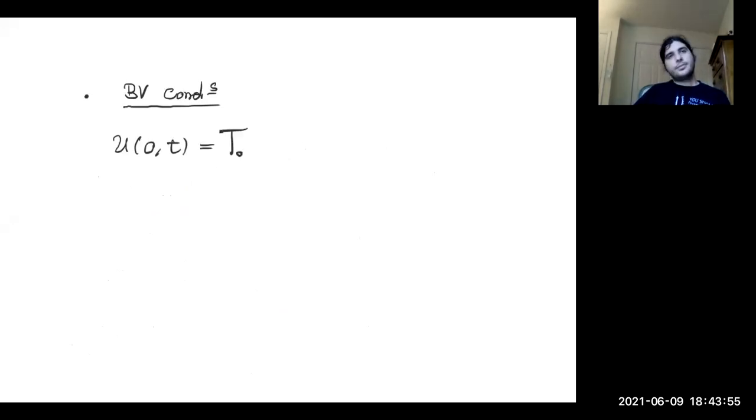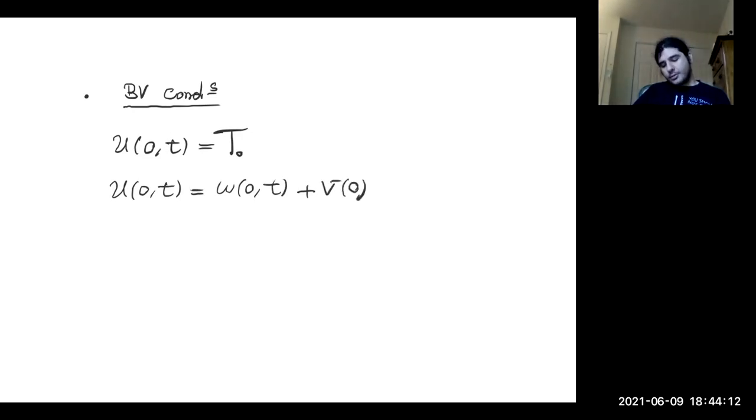So we don't just have the equation, we also have some boundary value conditions which our function should satisfy, right? One of them was this: u at 0 at any time t should be equal to t naught. Well, we know u at any time at the point 0, by definition, is equal to w of 0 and t plus v at that point 0.